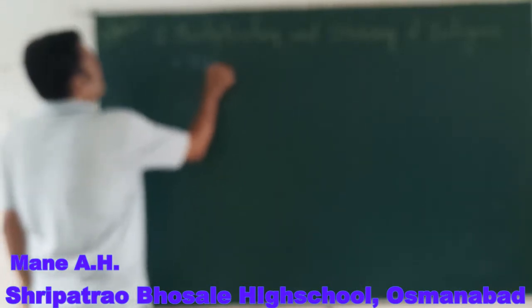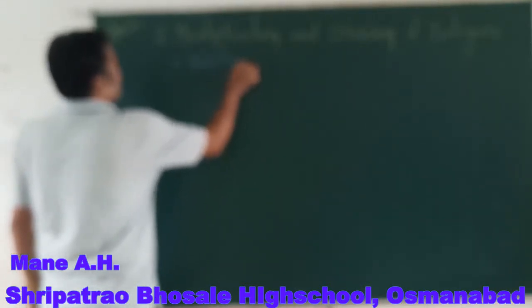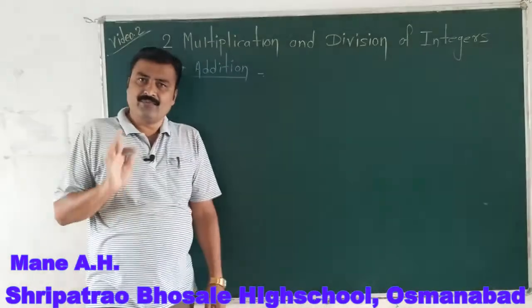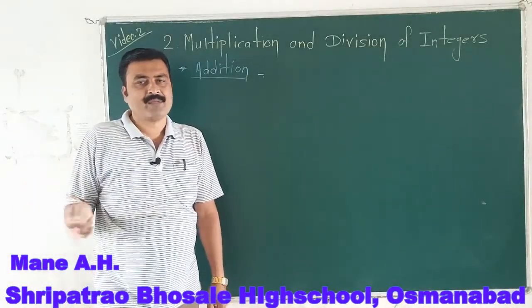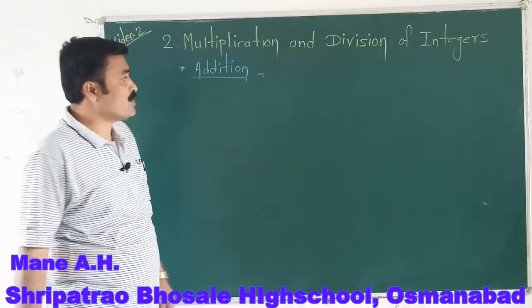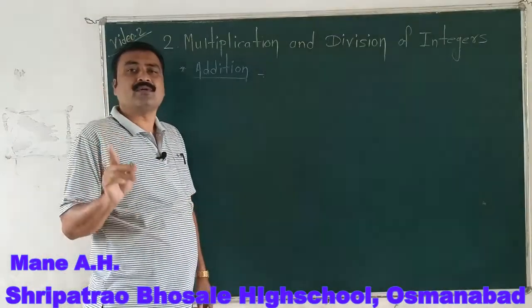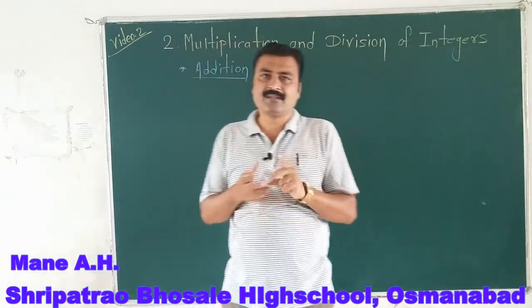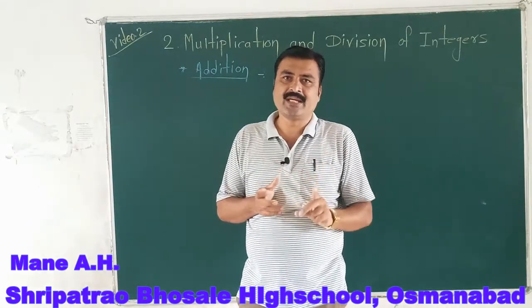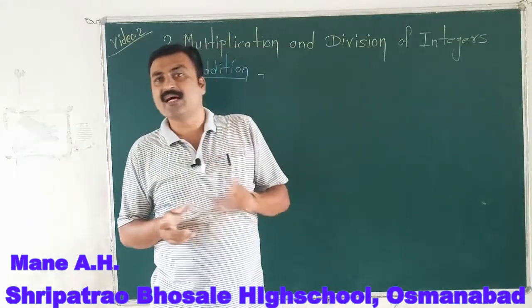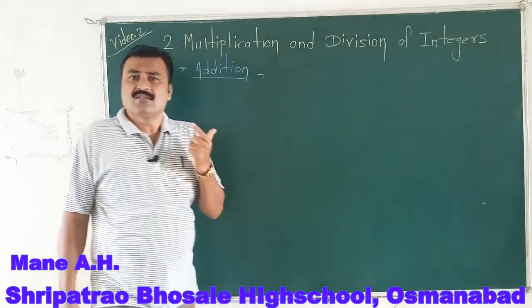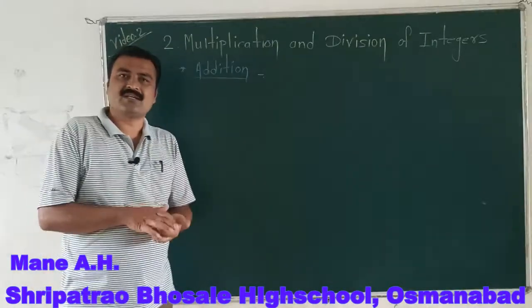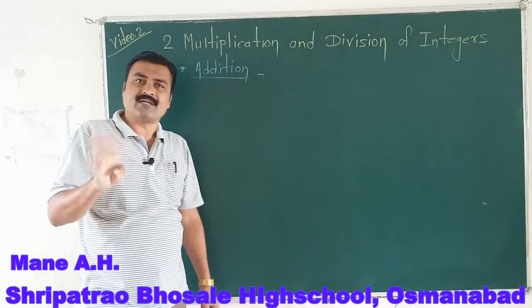While explaining the operation of addition related to integers, we know 3 types of integers, and if we think about these 3 types of integers we can form 4 different conditions for addition. We have learned that we have 3 types of integers: positive, negative and neutral number, that is, positive integer, negative integer and the sign-free number which is 0. In relation to these, we form 4 conditions for addition.